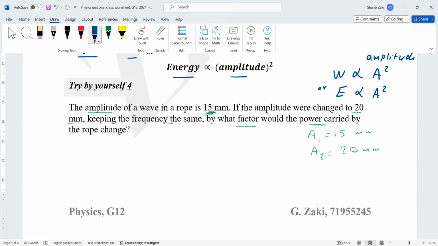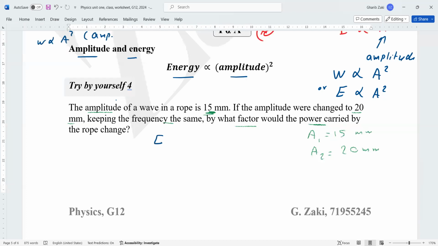Or the energy carried, because the rate of transfer of energy is the power. So we can say the energy is proportional to amplitude squared. Then E1 over E2 equals A1 squared over A2 squared.